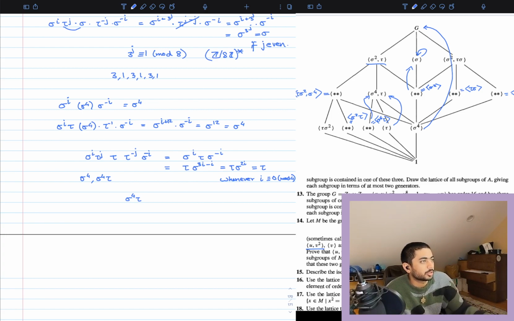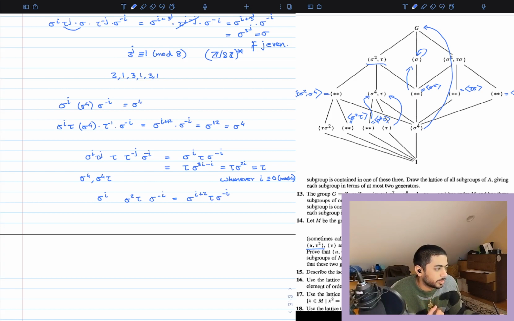Okay, next up the question is, what commutes with sigma squared tau? This is slightly trickier. So let's see, does this commute with powers of sigma? We'll have to swap something. What do we swap? Because this is sigma to the i plus 2 times tau times sigma to the negative i.